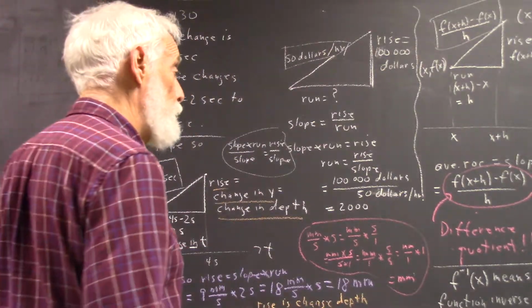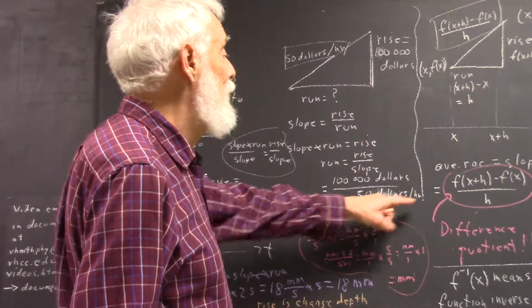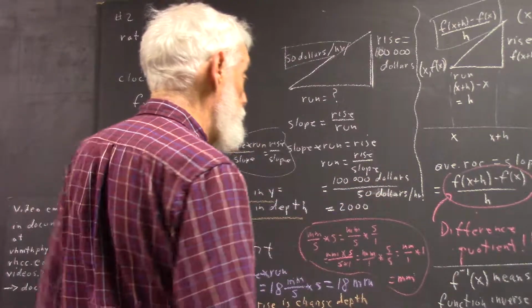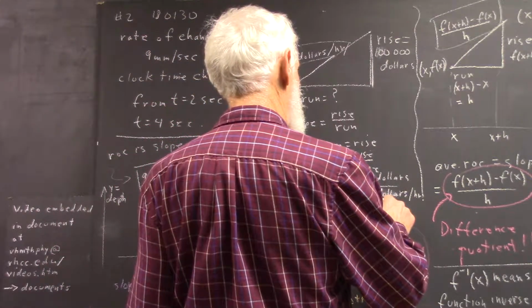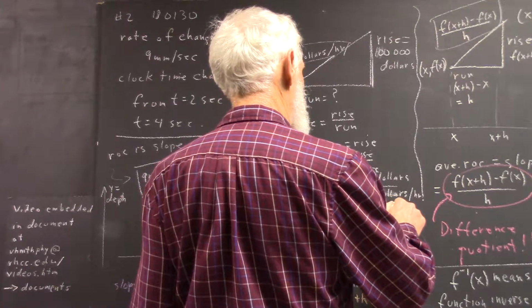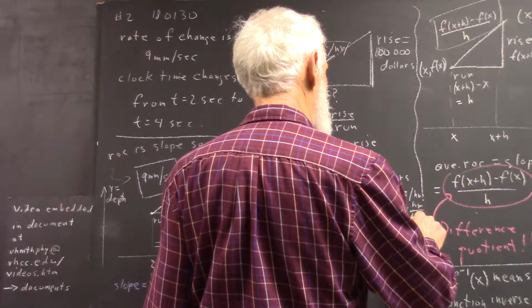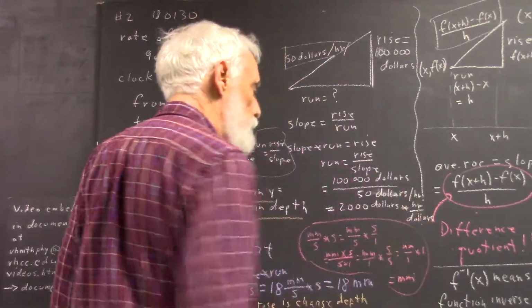Now, I don't have room to work it out. You're going to multiply. It's going to be dollars times hours over dollars, so when you divide this by this, you get dollars times hours over dollars, which is hours.